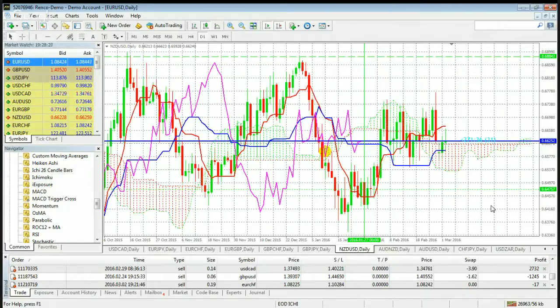Interesting. What have we got going here, guys? Bullish, bearish. What do you say?